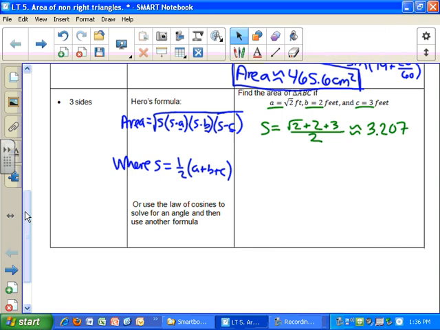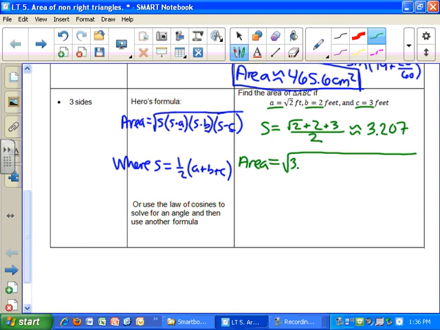Okay, so now we'll plug that into the formula and say that the area is the square root of 3.207 times 3.207 minus 2 times 3.207 minus 2 times 3.207 minus 3.